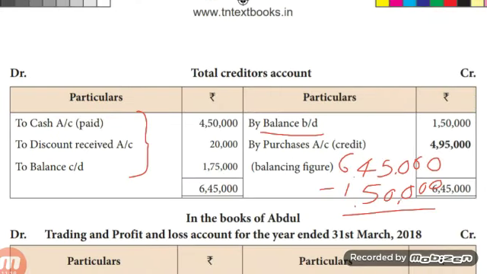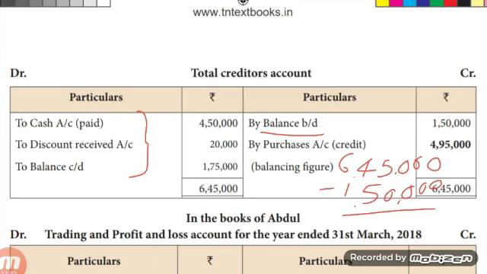Then find the balance. Okay. Here debit side total is greater than the credit side total. Debit side total is 6,45,000. Credit side total is 1,50,000. Okay, write the balancing figure on the lighter side.